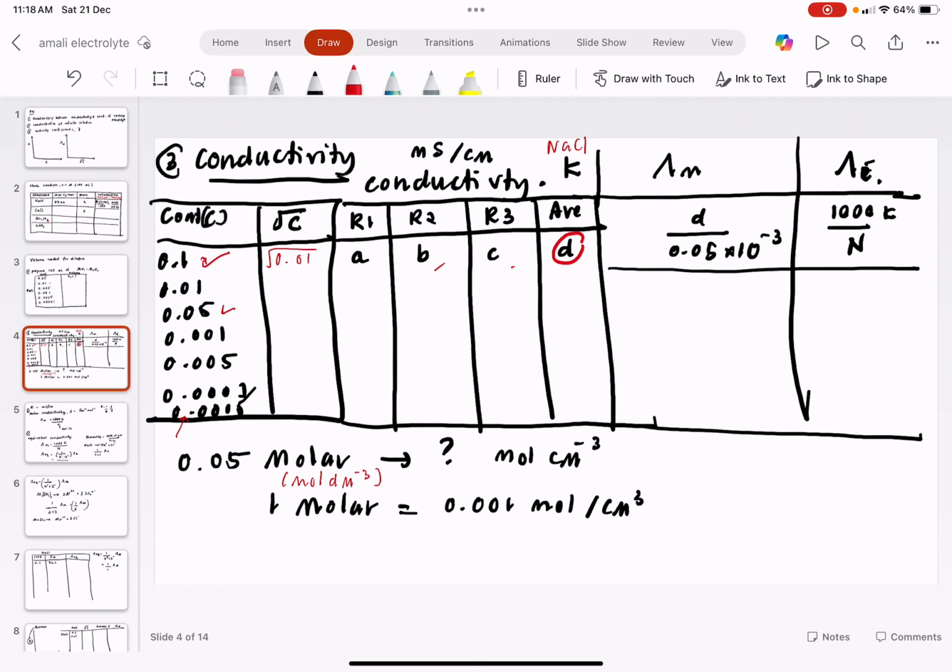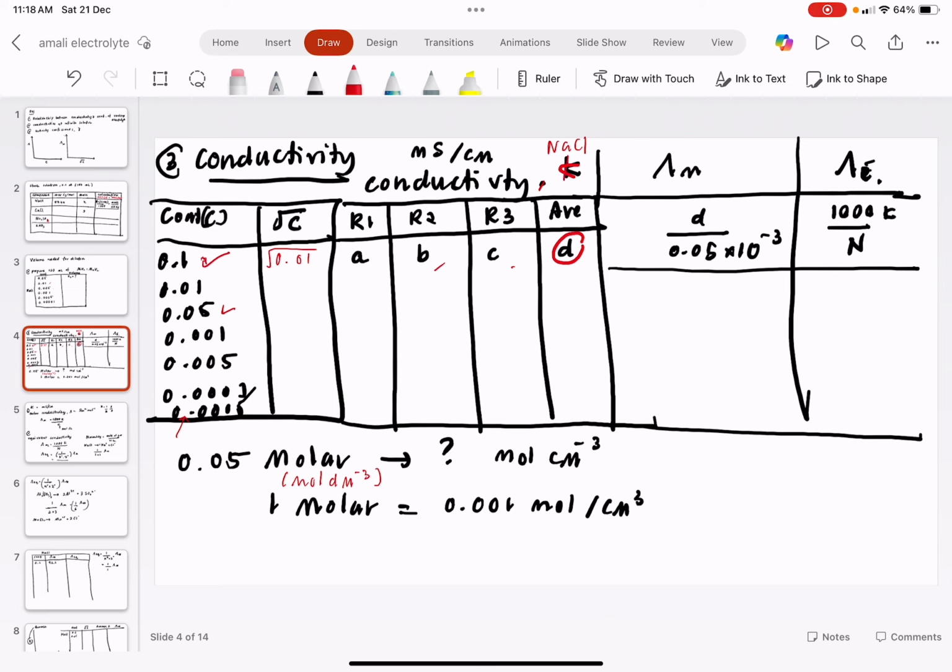Depending on the instrument, the cell that you use, let's say you use millisiemens per centimeter, then you have to put millisiemens per centimeter. But if you want to use microsiemens per centimeter, it also doesn't matter. But what is important is you must put the unit, whatever comes up. And the symbol for conductivity would be kappa, so κ here.